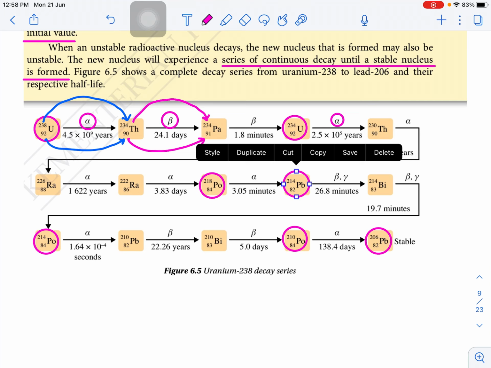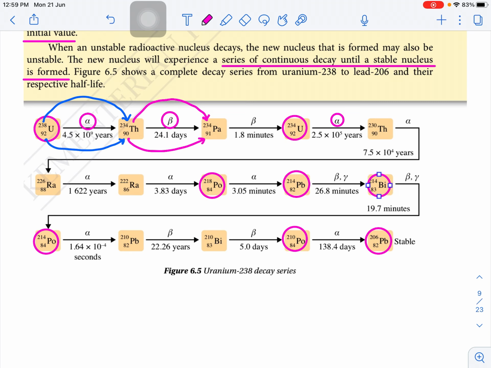So lead-206 is an isotope, but lead-214 is a radioisotope, because it is an isotope and at the same time it is a radioactive element. But lead-206 is not a radioactive element because it is a stable nucleus, but it is an isotope. So lead-206 we call an isotope, and lead-214 we call a radioisotope.